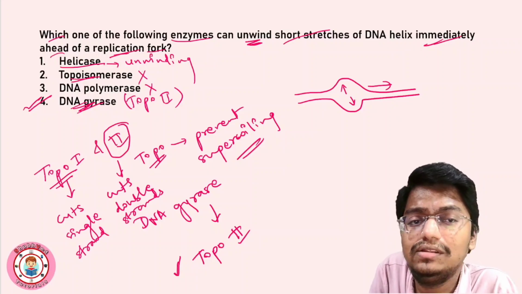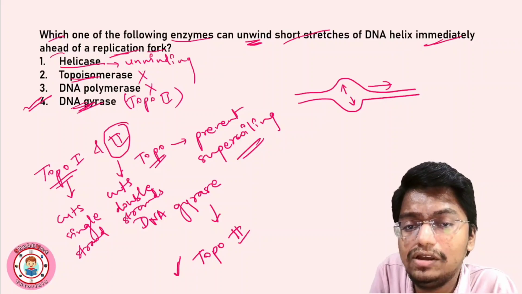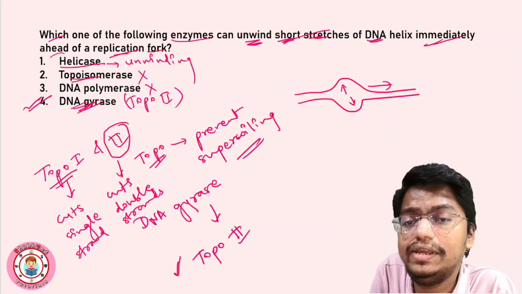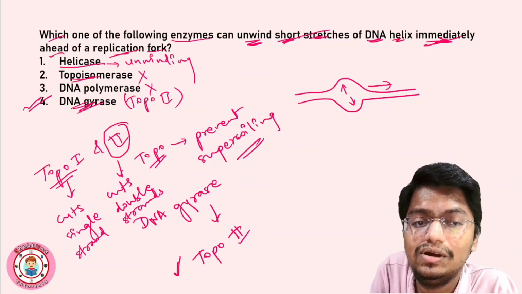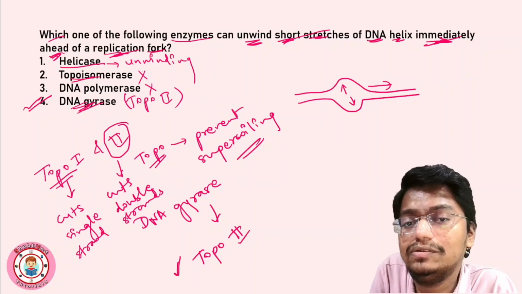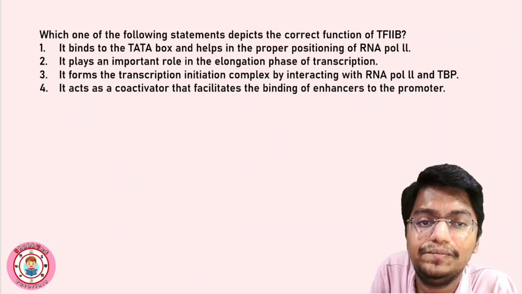Okay, so here the term that is important is unwind short stretches of DNA helix immediately ahead, मतलब replication fork के तुरंत बाद which enzyme unwinding करेंगे. So that answer is DNA gyrase.